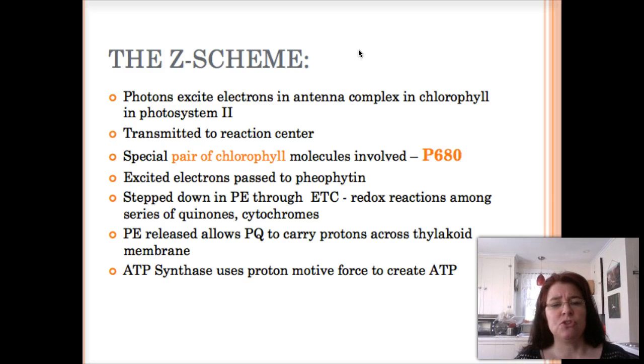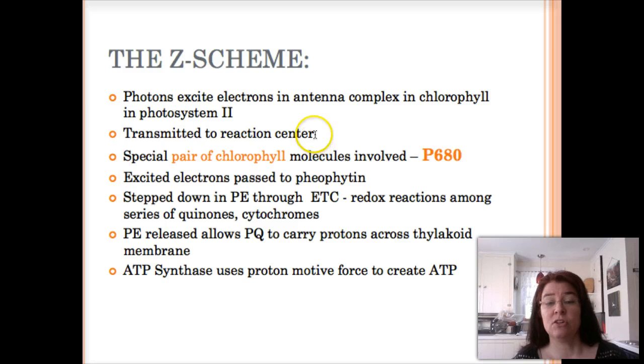In photosystem 2, when the photons strike the chlorophyll in the antenna complex, the energy gets transmitted to the reaction center. It turns out what makes the reaction center unique functionally is that it's actually a special pair of chlorophyll molecules that we call the P680.